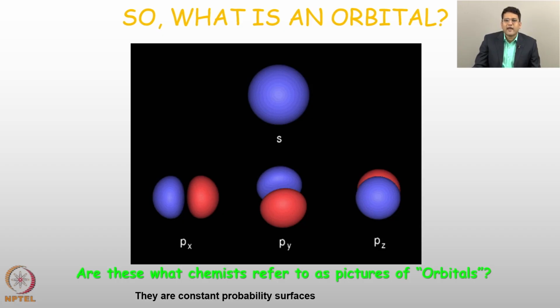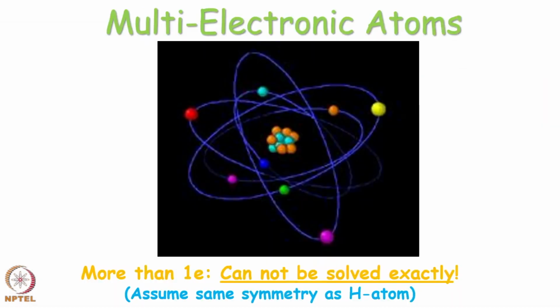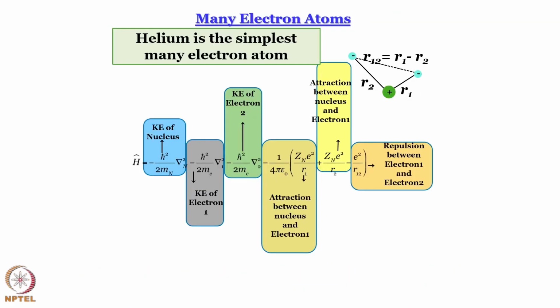So from the hydrogen atom, now we go to a multi-electronic atom, with more than one electron, which cannot be solved exactly. But we can assume the same symmetry as the hydrogen atom. Now the simplest example will be the helium atom. So the helium atom will have one nucleus and two electrons.